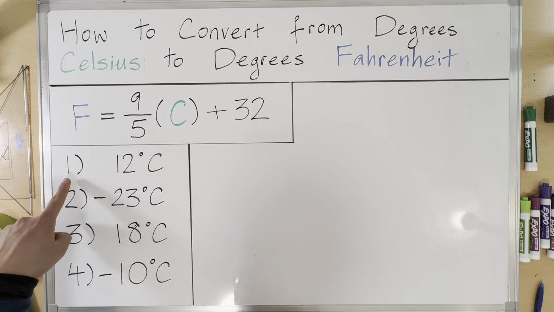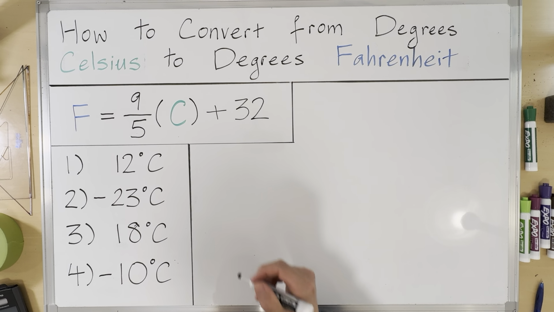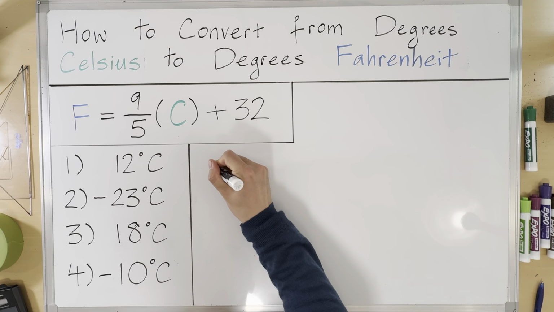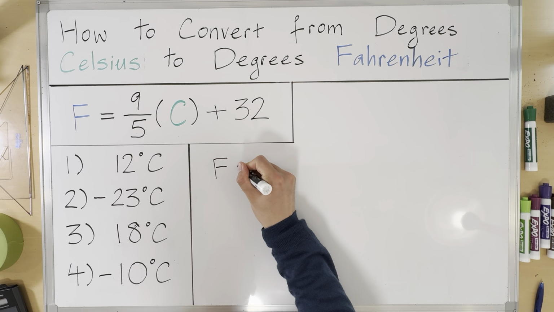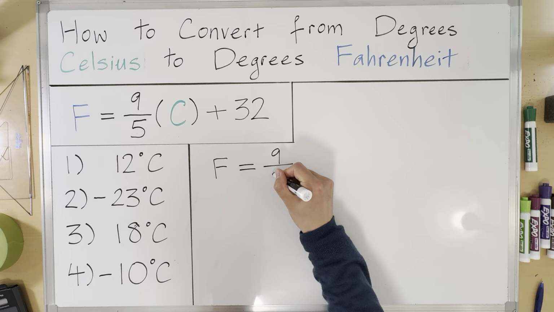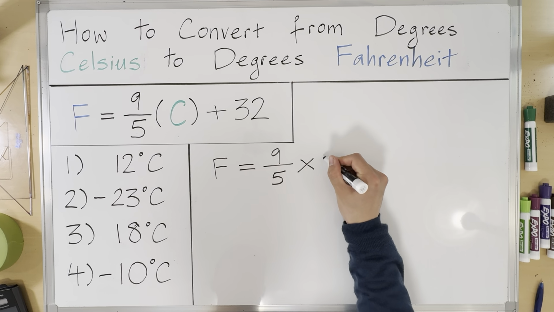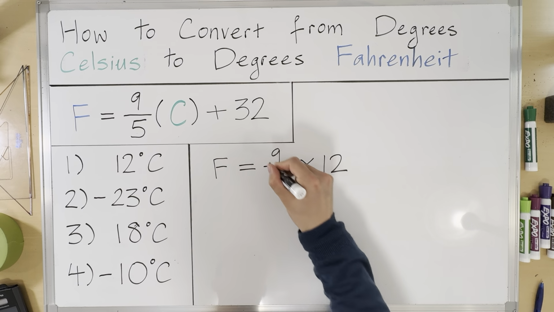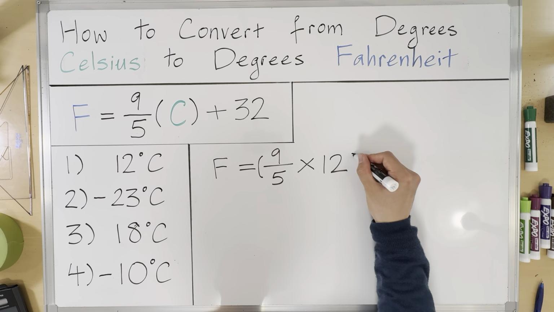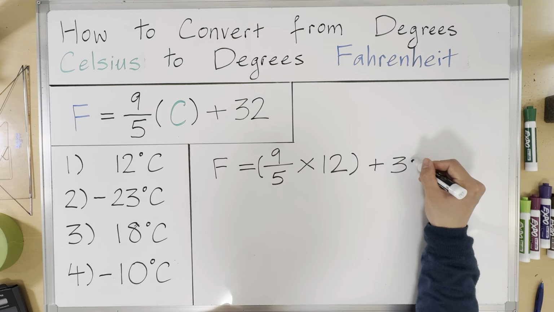So for number 1, we have 12 degrees Celsius. So therefore, degrees Fahrenheit would be equal to 9/5 times 12 plus 32.